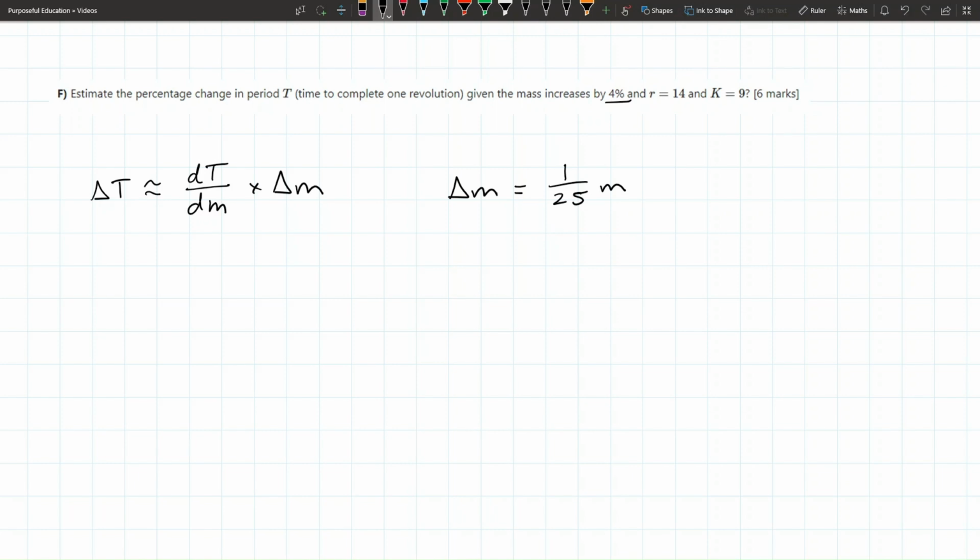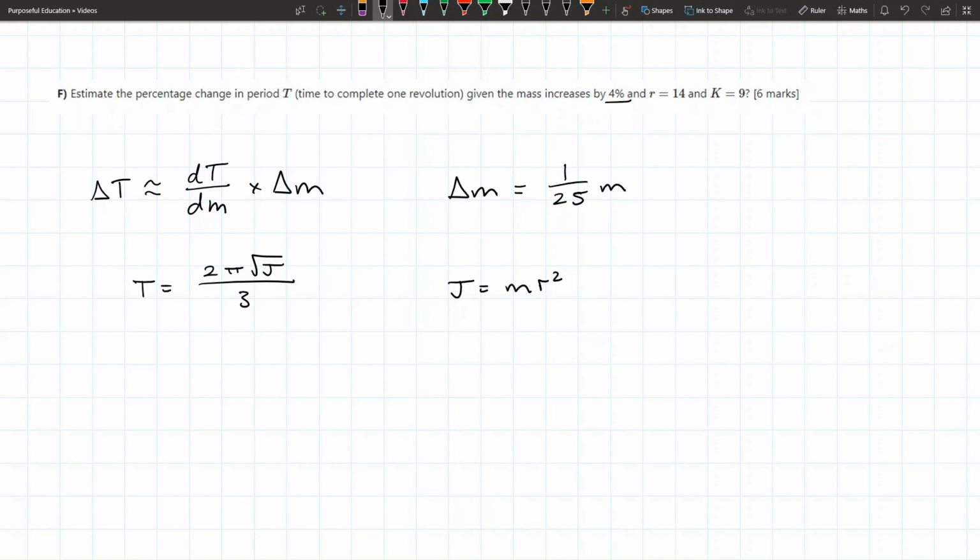To find dt on dm, we have to find the period in terms of m. So previously we found the period is equal to 2 pi times the square root of j over 3. And we know that the relationship between j and the mass is j equals m r squared.